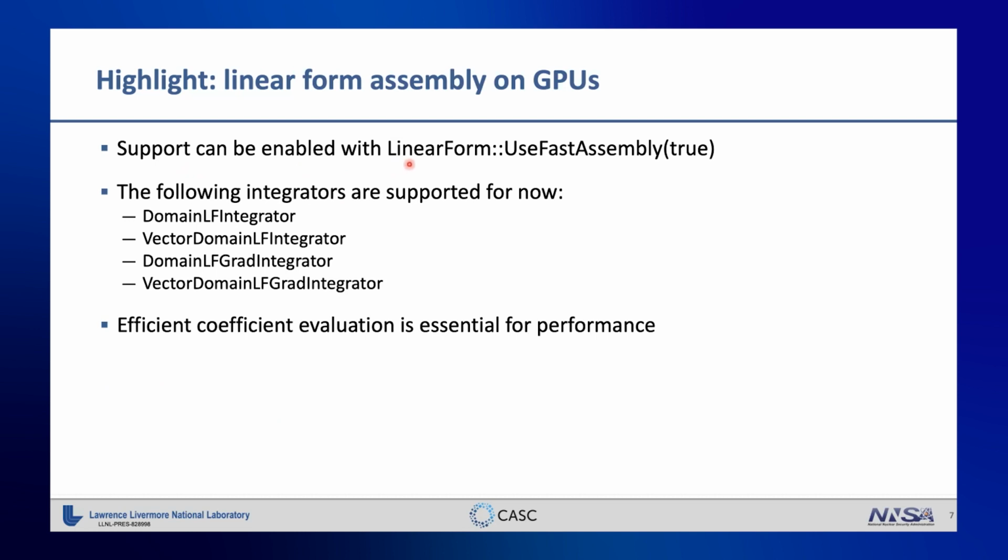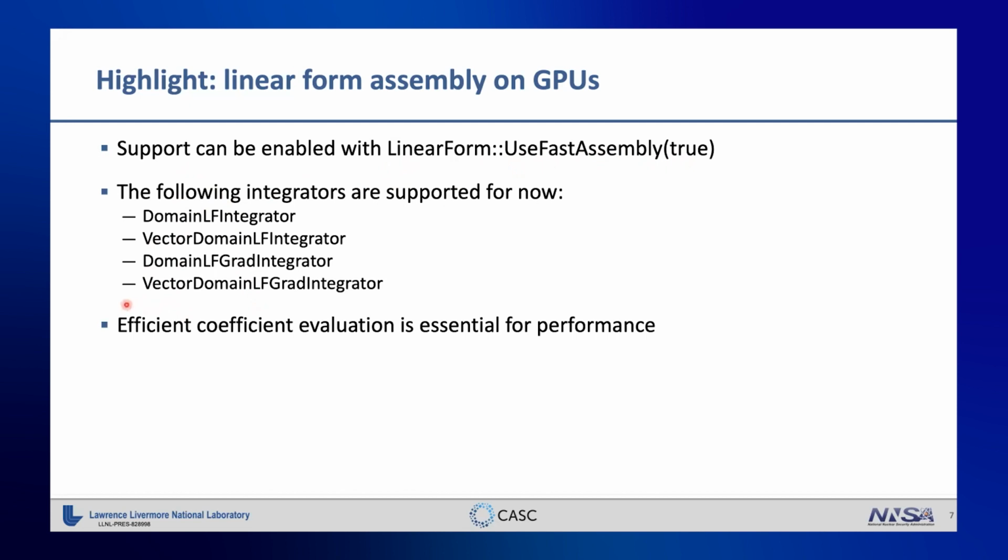If you want to enable it, you just need to call UseFastAssembly in your code, and then when you assemble the linear form, it will branch to use the new algorithms. I've listed the types of integrators we currently support. This will be ongoing work, extending to other linear form integrators, but these are the basic ones that are currently supported.